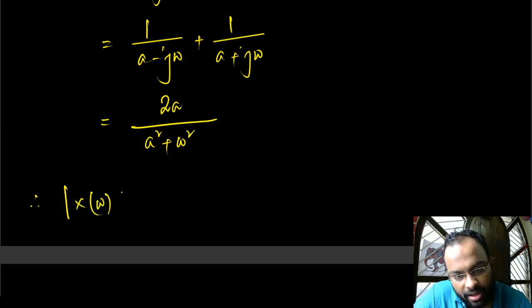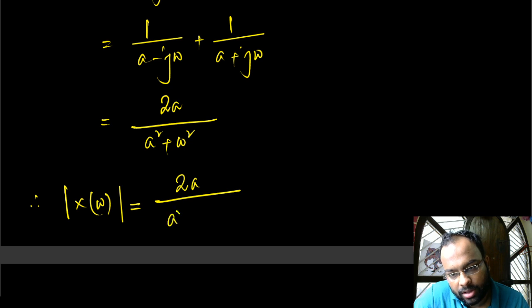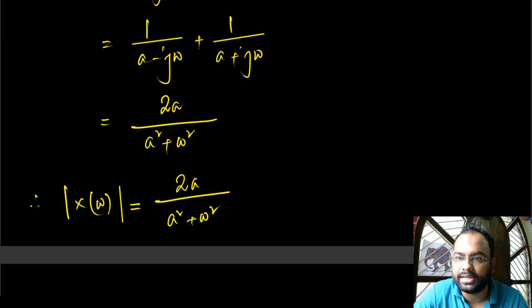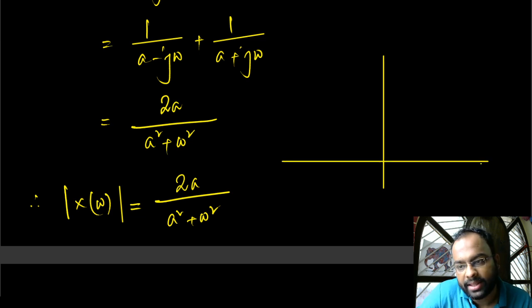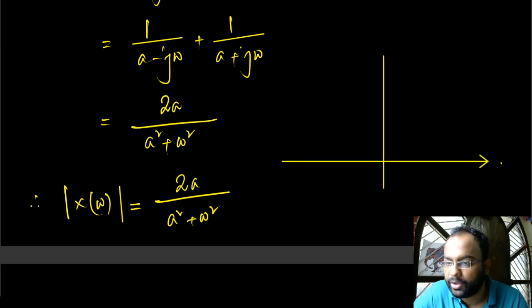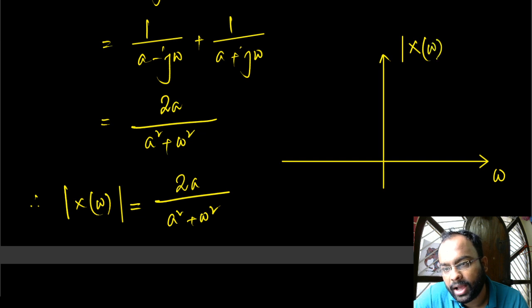So if I want to calculate the amplitude here, that's going to be without a doubt 2a, because this is no longer a complex number, it's a real number for all intents and purposes, right? Not like the previous example. So here, if I want to look at the signal from the perspective of frequency, so it's omega, and this is mod x omega.